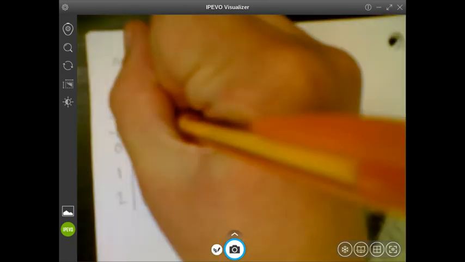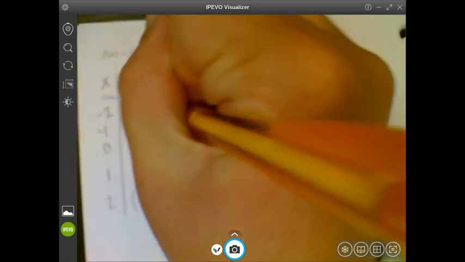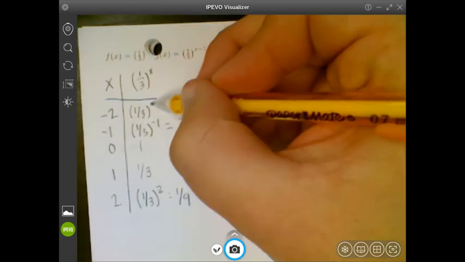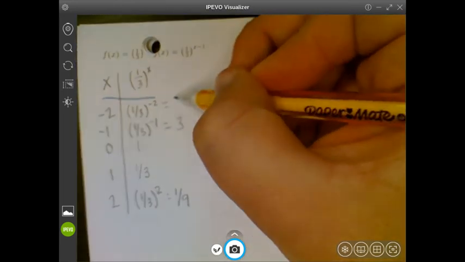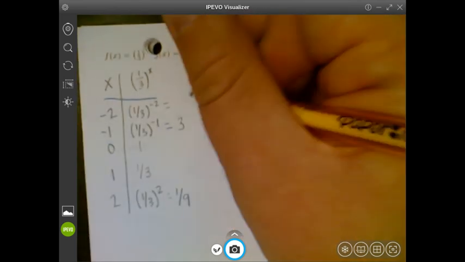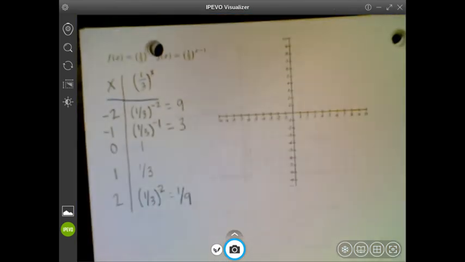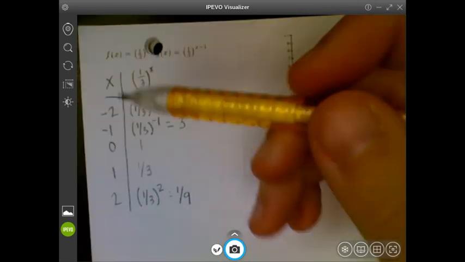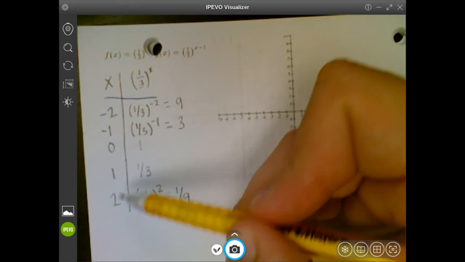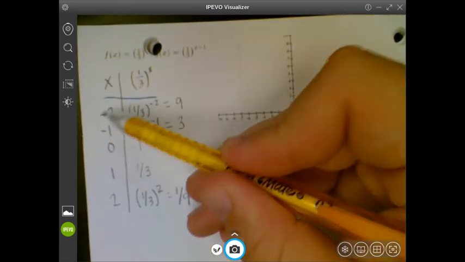Same thing is going to happen when you have 1/3 to the negative second. That -2, the negative is going to turn it into a whole integer. And the 2 means that you have to square it. So it's going to be 3 squared, and 3 squared is equal to 9. And so essentially what happened was the powers that were here before, power of 1, power of 2, became the negatives.